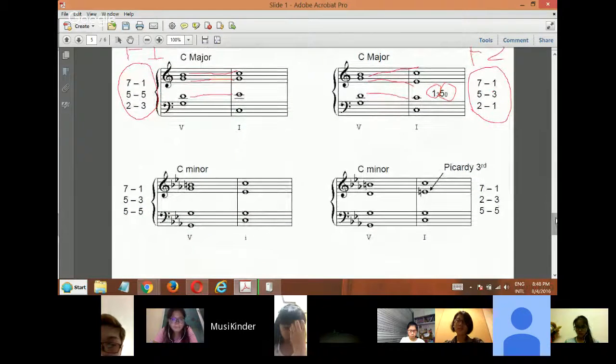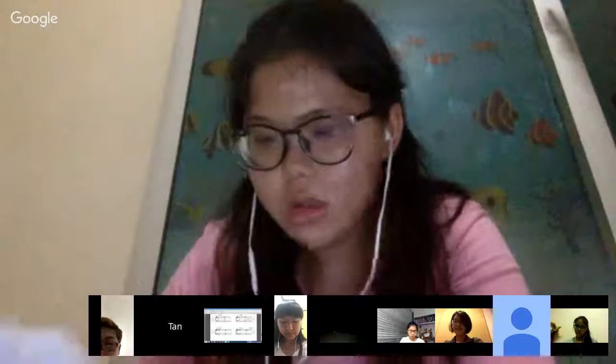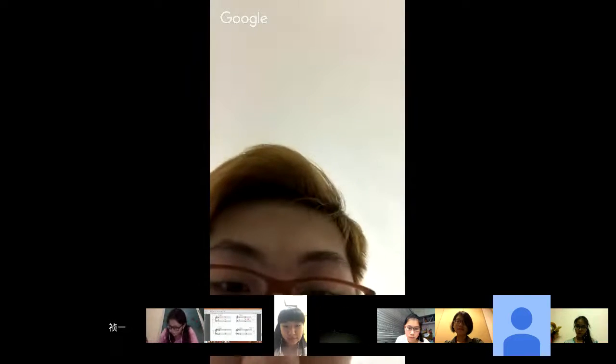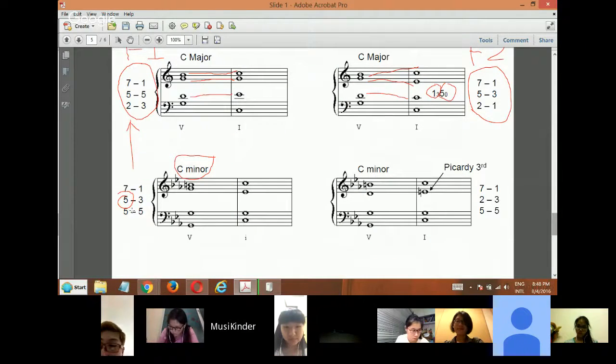Now likewise, we look at the one over here, which is in C minor, which I showed you during the lecture. Down here, you notice that compared to the one above, the main difference is ti do so re mi. This so has replaced re.